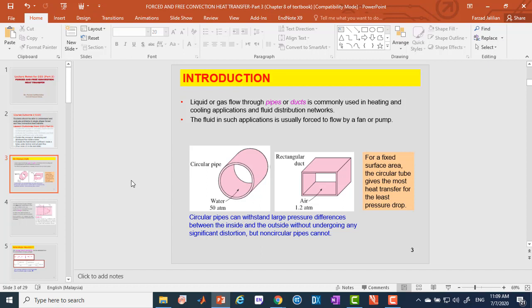We will also calculate that pressure drop, and we will include that pressure drop to use our pump. Our pump should be able to provide that pressure drop. It will increase the pressure constantly to compensate that pressure drop.